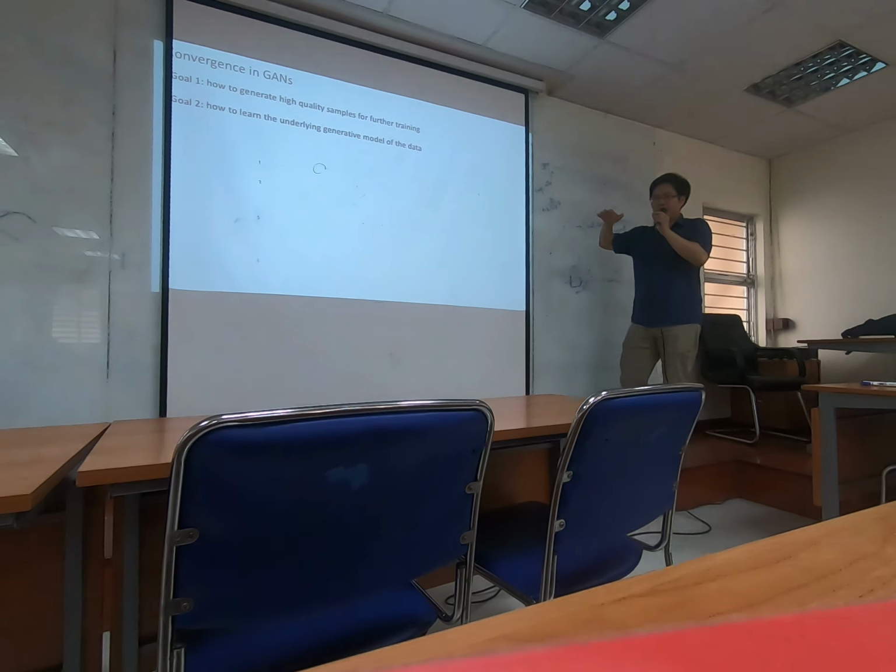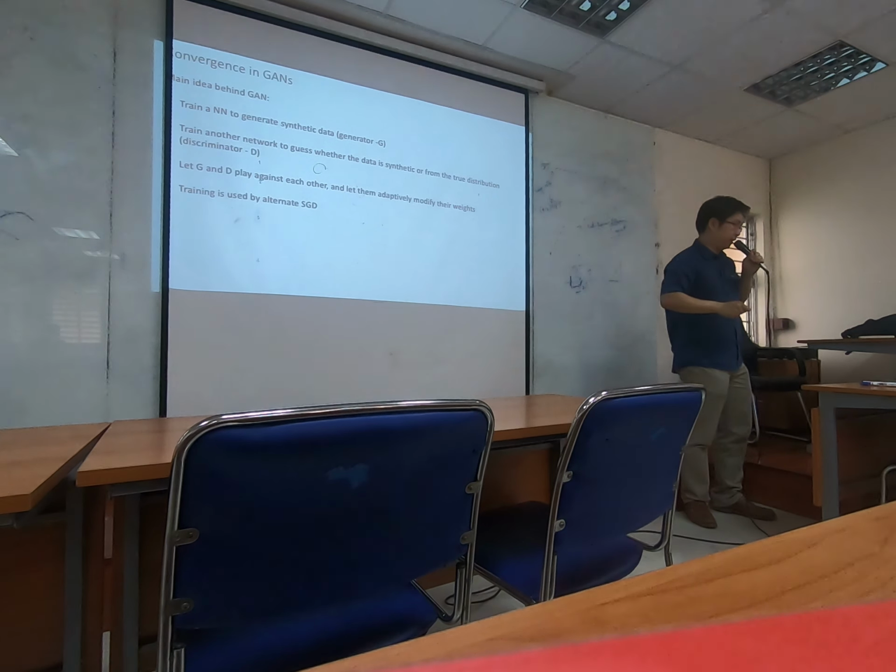The generator's goal is to generate data that is as good as possible, and the discriminator's goal is to guess whether the data came from the true distribution or from the generated distribution. Because both of them are learning over time, ideally they should converge to a very good solution where there's no big difference between the true distribution and the generated distribution of data.